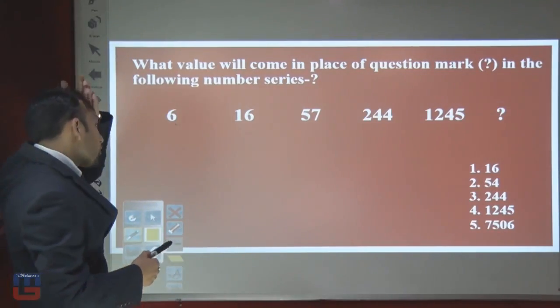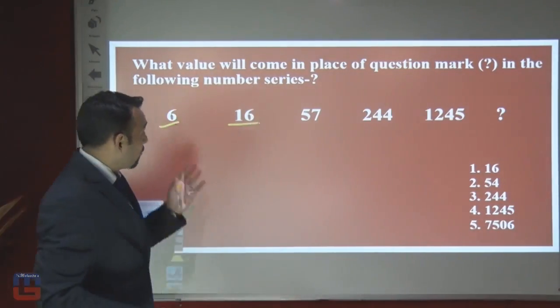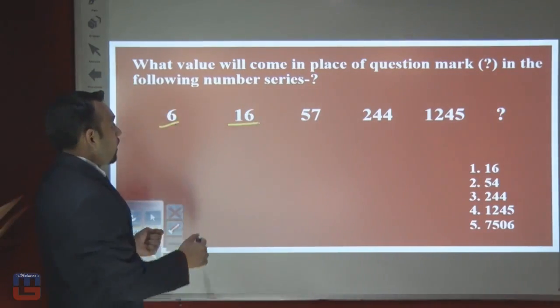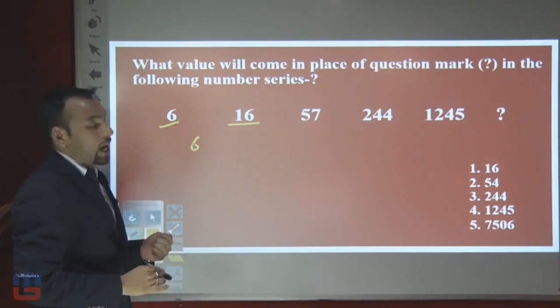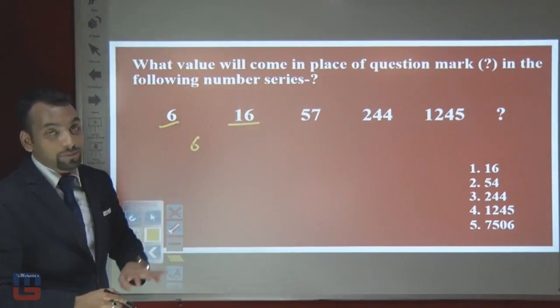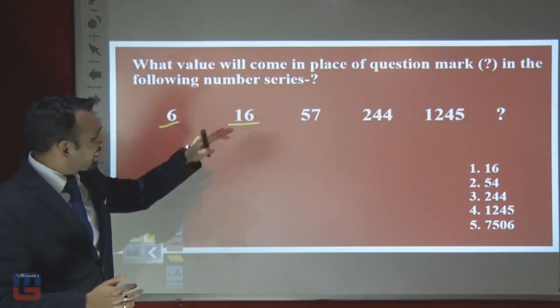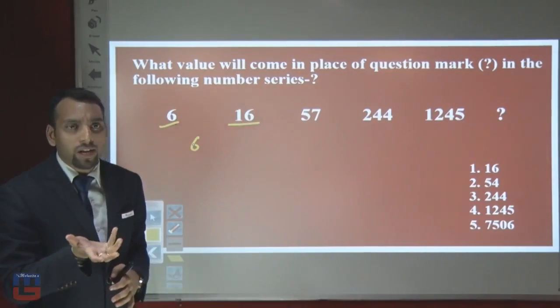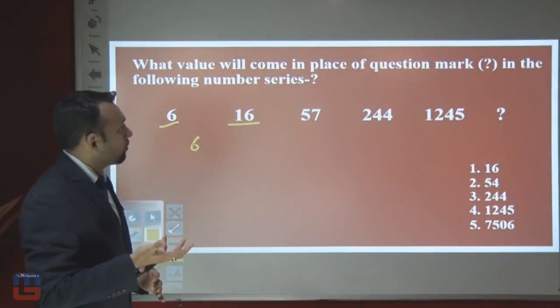Now see, the first number is 6, the second is 16, then 57. Now see, you have to get 16 from 6. Here the difference is 10. On the same way, from the difference we are not getting anything.